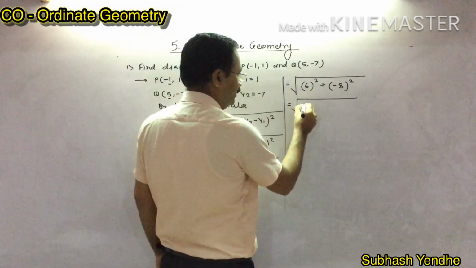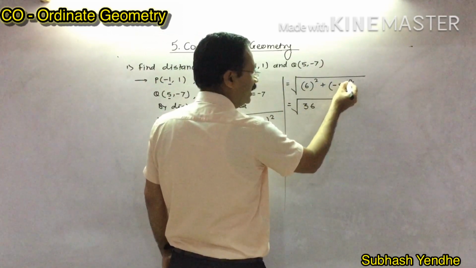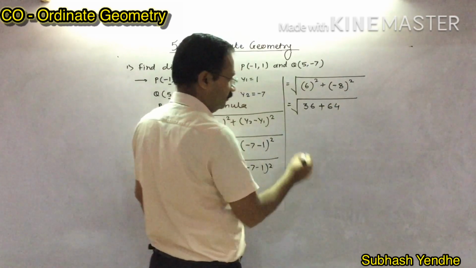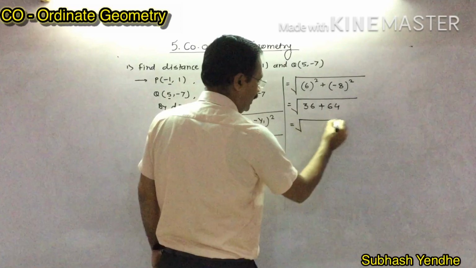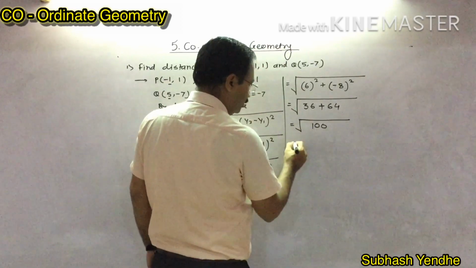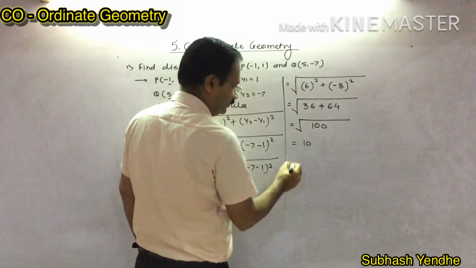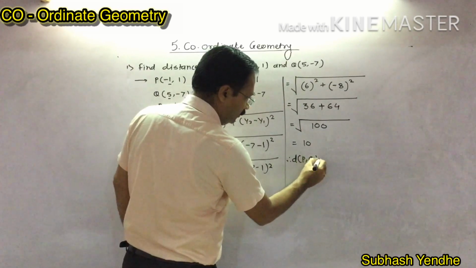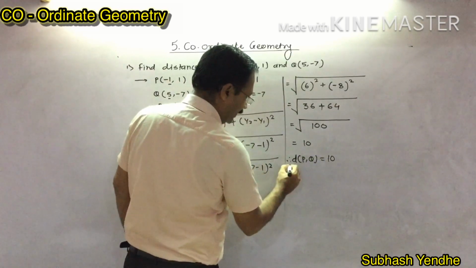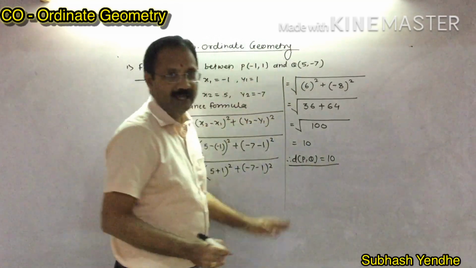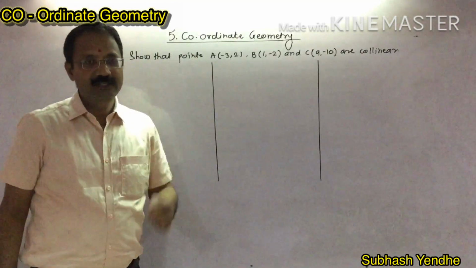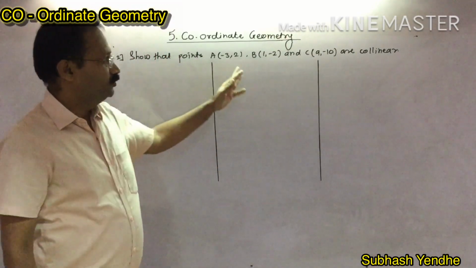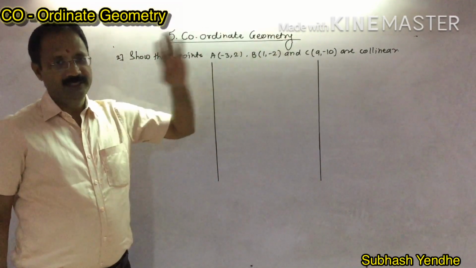So 6 square is 36 and minus 8 square will be plus 64. So if you add it, you will get 100. The root of 100 is 10. Therefore, our answer, distance PQ equals 10. This is our answer.